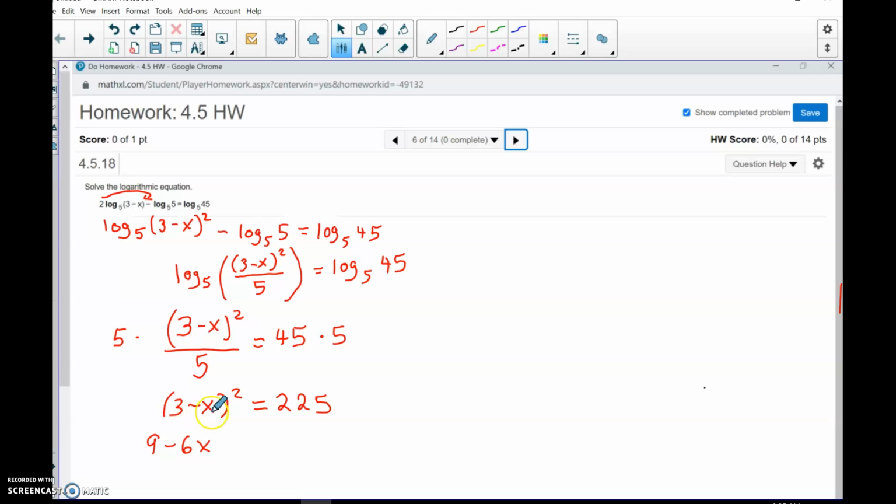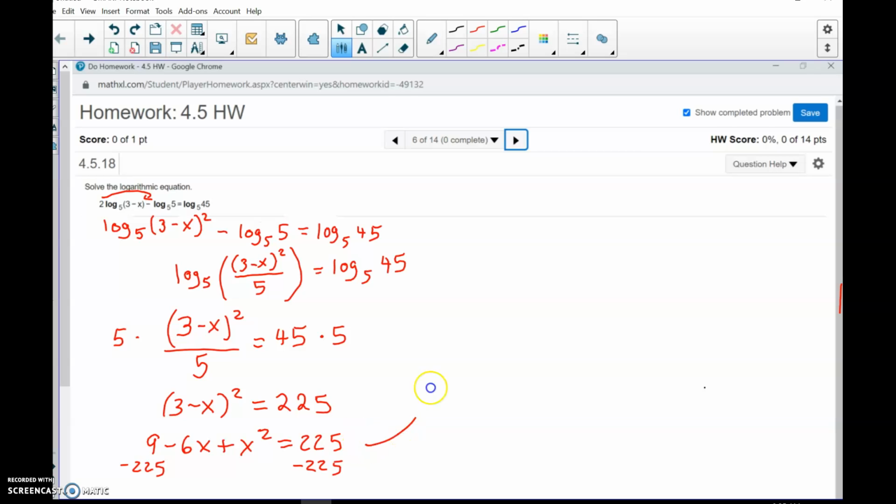And then negative x times negative x gives me a positive x squared. Okay, next let's bring the 225 over to the left. So subtract 225, subtract 225.